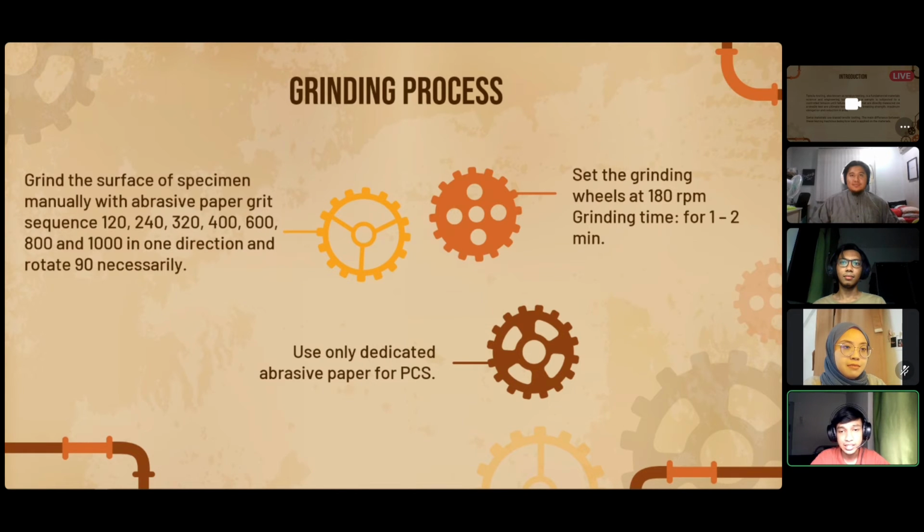Use only dedicated abrasive paper for PCS. Set the grinding wheels at 180 RPM. For the grinding time, 1 to 2 minutes.